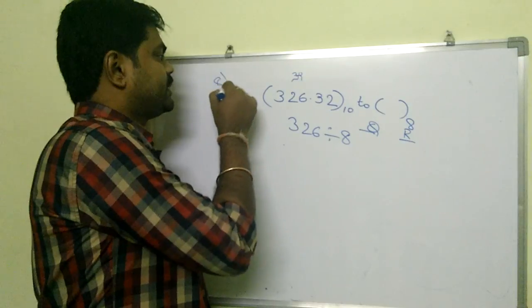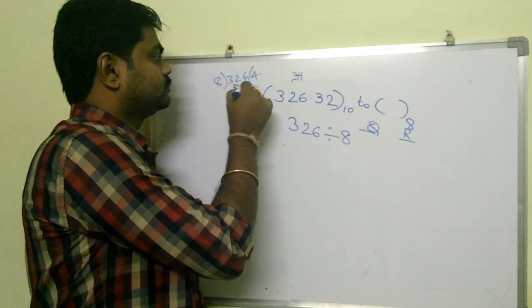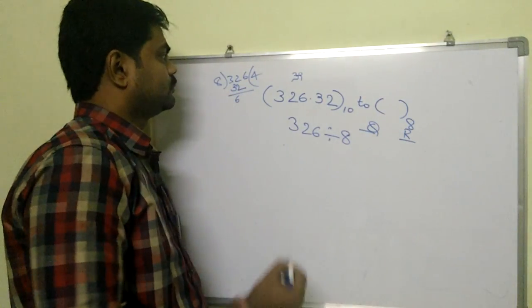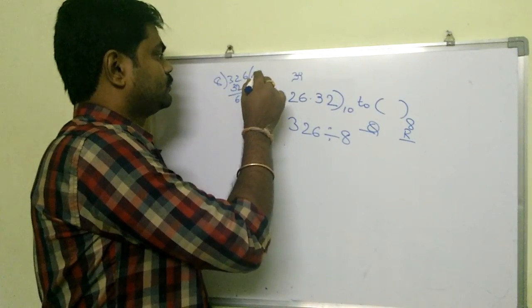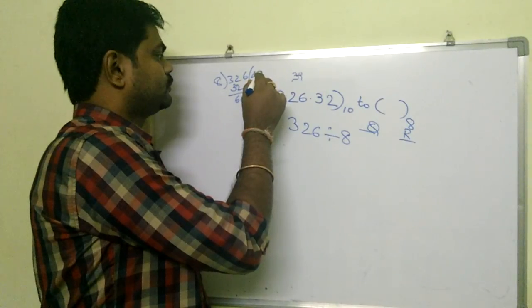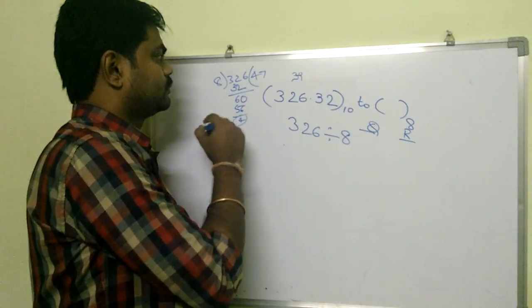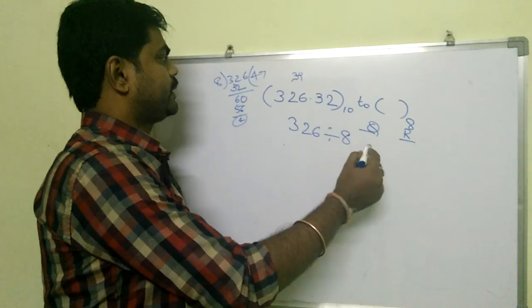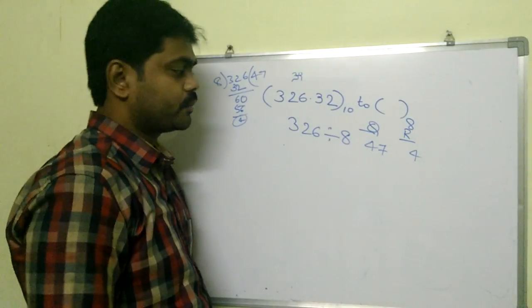Okay, so 8 into 326. I get quotient 47 and my remainder is 4.